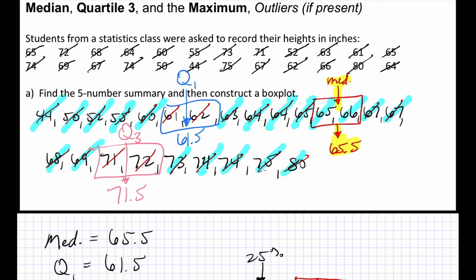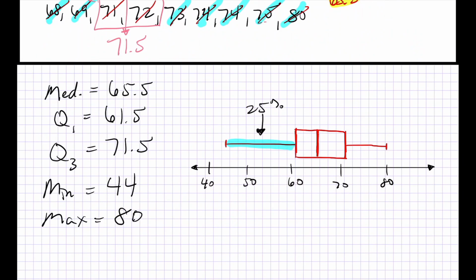So let's go to the next one. I'm going to use a different color. Right here, this part right here, 25% of the data are in that. That goes from 61.5 to 65.5.